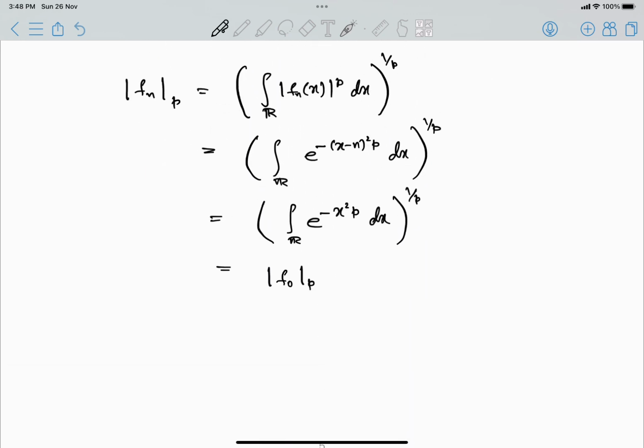And f_0(x) is e to the power minus x squared.